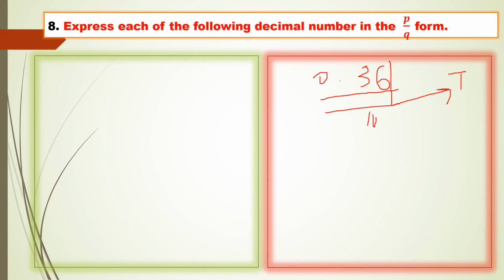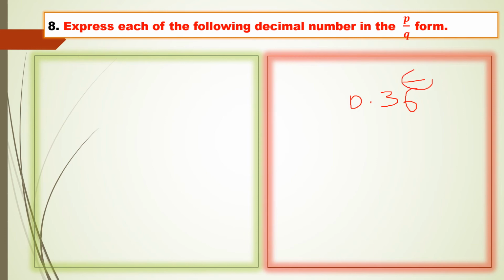Suppose my question is like this: 0.36 bar. When there is a bar, I told that whatever digit has the bar, that digit is repeating. It is not giving remainder 0. It is repeating, so it is non-terminating repeating.